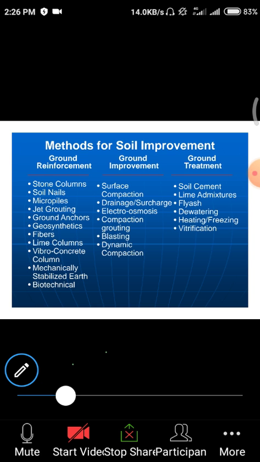Compaction means normally in our concrete technology we compact the particular concrete mix by using tamping rods for flowability and workability properties, so likewise we need to do surface compaction by using rollers and other mechanized equipment. Those come under surface compaction to densify the soil and remove whatever voids are present in the particular surface and above and below the soil strata.